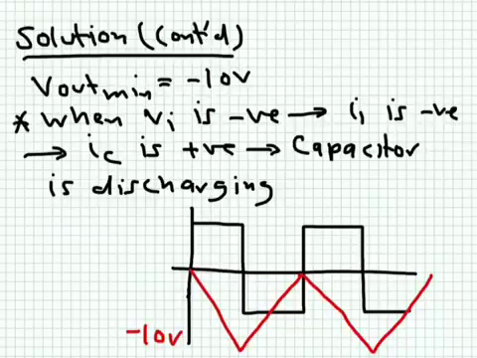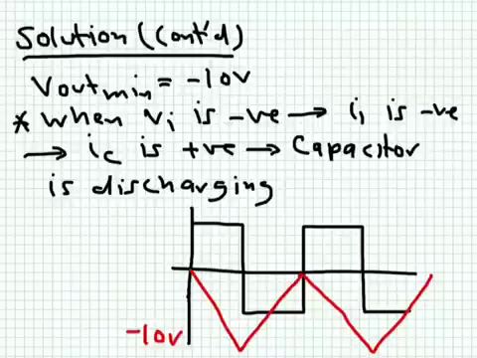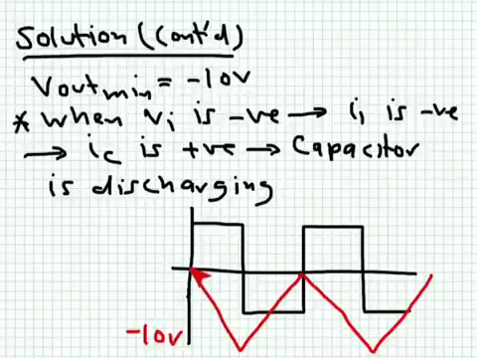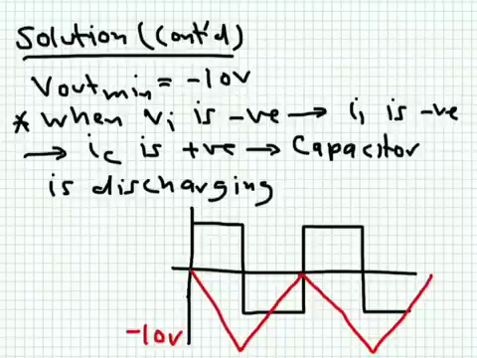So if you calculate, when you apply this positive voltage here, a positive current will flow and it will be used to charge the capacitor, and then the output will start to drop, and you will see the value of the negative voltage that you get is minus 10 volts.